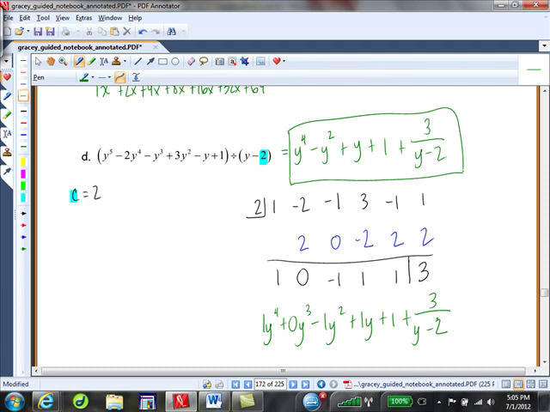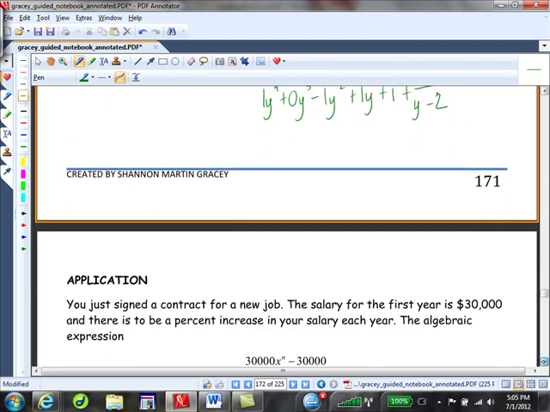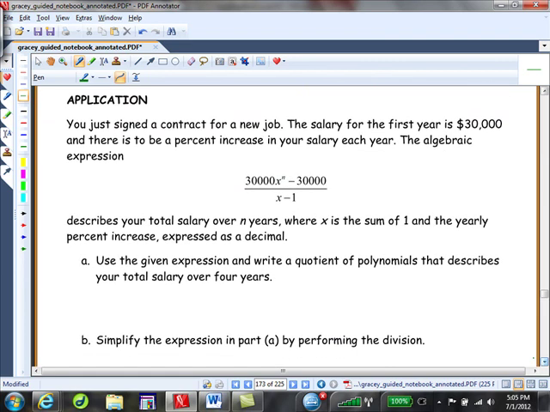Okay, so now there's an application just to kind of pull it all together here. So here's the scenario. You just signed a contract for a new job. The salary for the first year is $30,000, and there is to be a % increase in your salary each year.